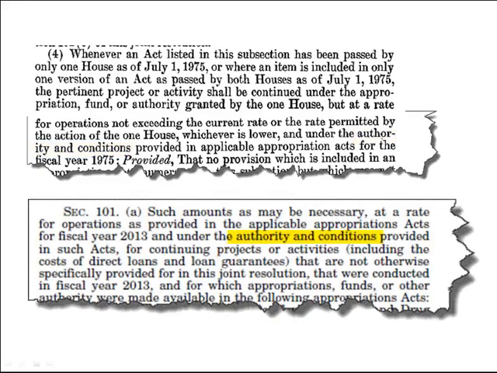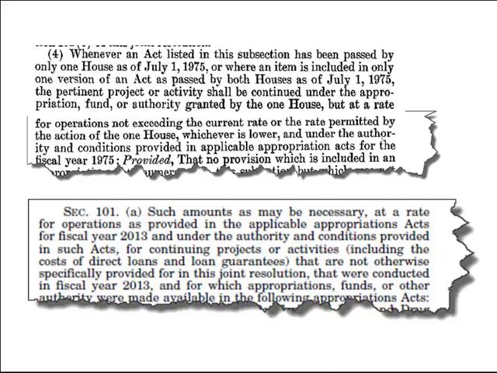Authority and conditions language is another example of incorporated by reference language. This phrase first appeared in the fiscal 1976 Temporary Appropriation Act and has continued to the present. Where extent and manner covers fiscal matters, authority and conditions covers program provisions such as the purposes for which funds are available or not available.